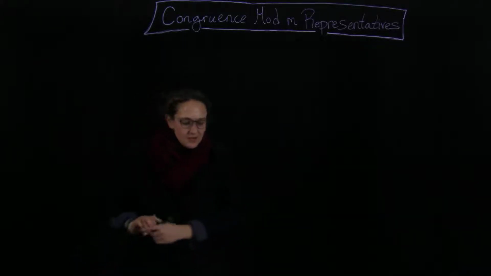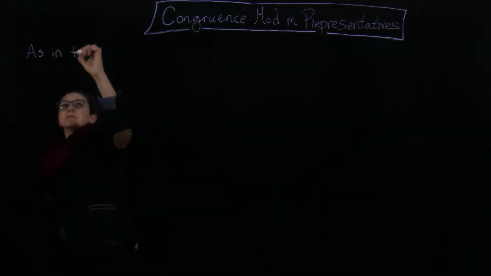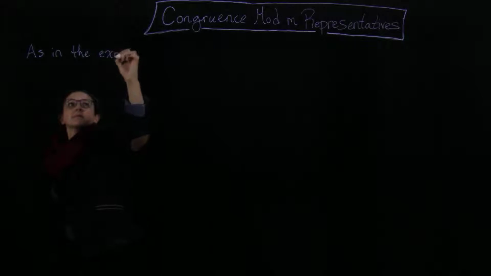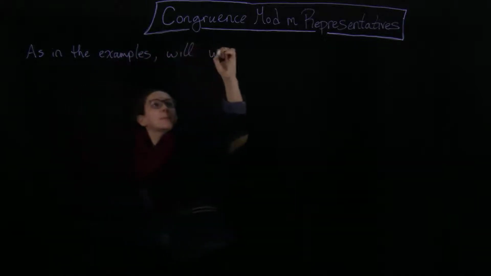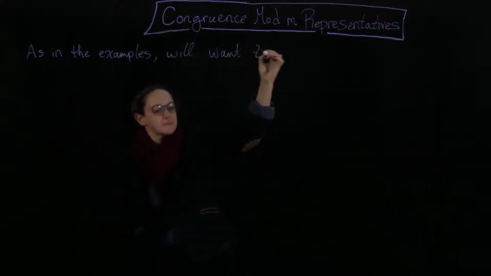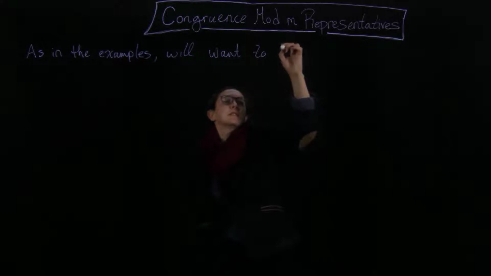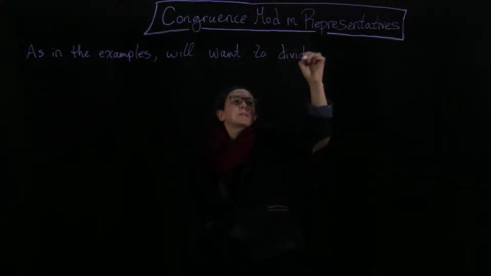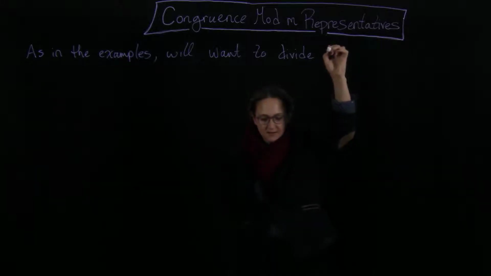Okay, so as in the examples, we're going to want to divide, or partition, the integers. Divide's a funny word because it has another meaning, but here I just mean partition.